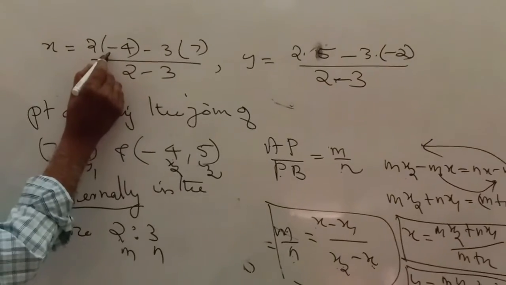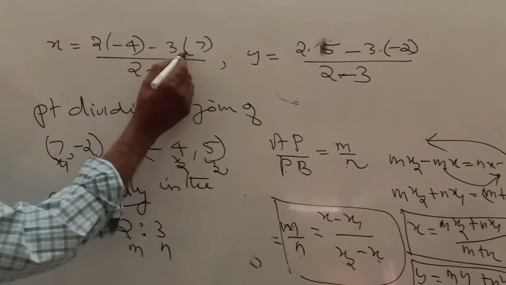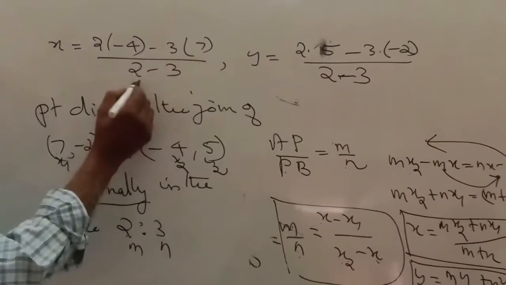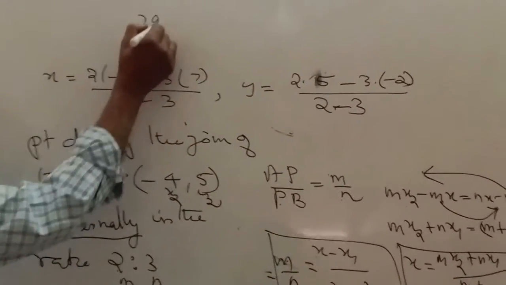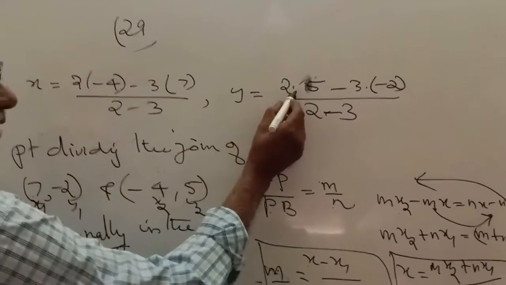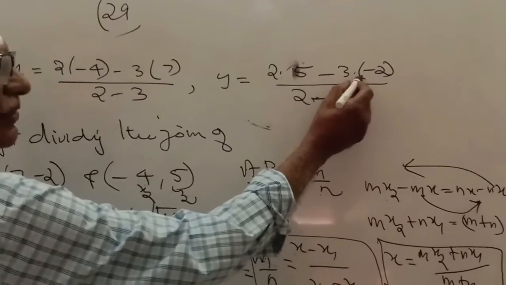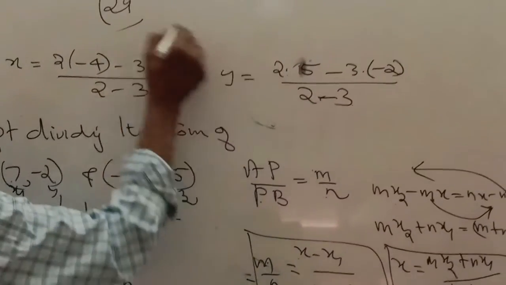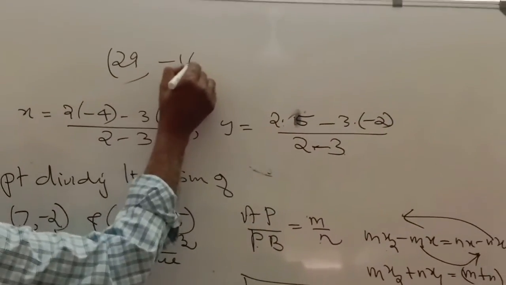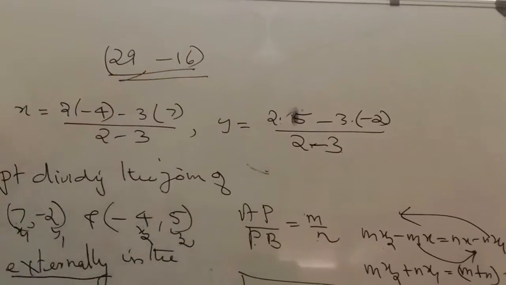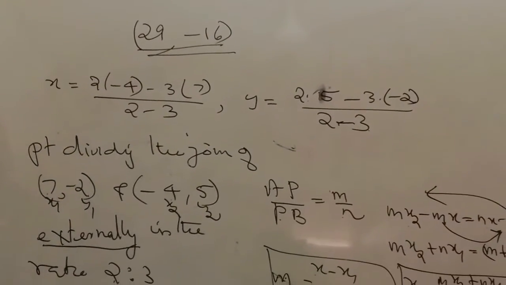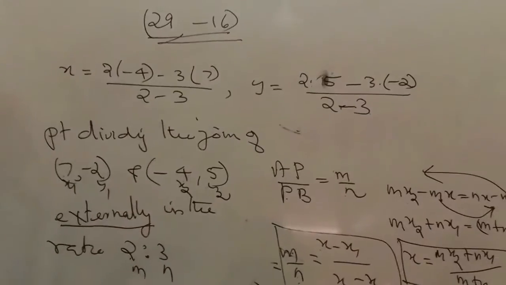So it is minus 8 minus 21. So it is minus 29 by minus 1, which is plus 29. 10 plus 6 is 16. Minus of 1 division is minus 16. This is the answer. So it is a direct application of the formula.